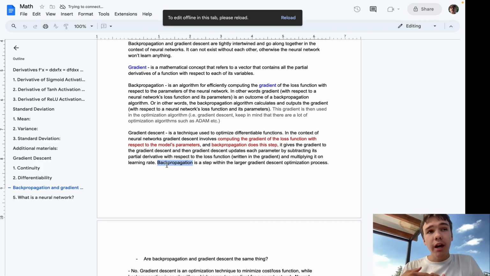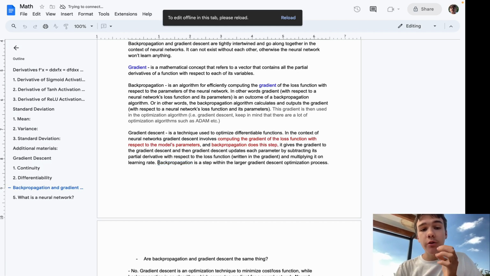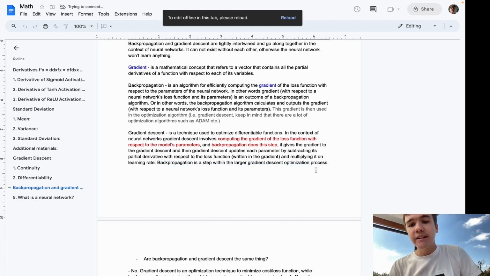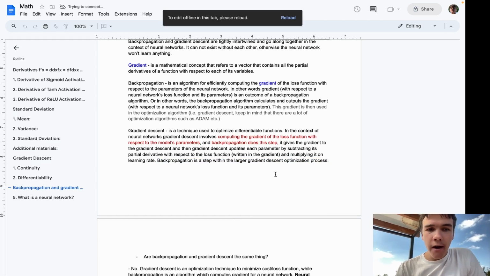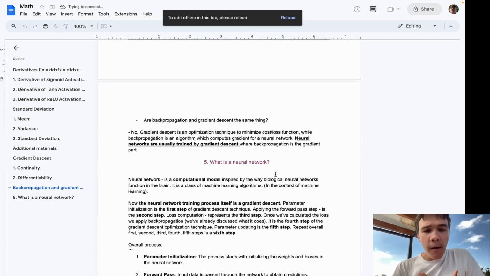When we talk about it, it seems that gradient descent is inside backpropagation, but this is not so. This is why I wrote that backpropagation is a step within the larger gradient descent optimization process. And today in this video you're going to understand everything: what a neural network is and how it works. So now, are backpropagation and gradient descent the same thing?